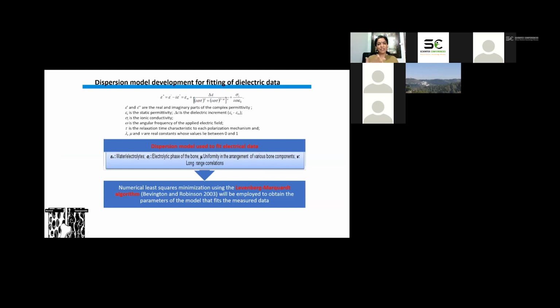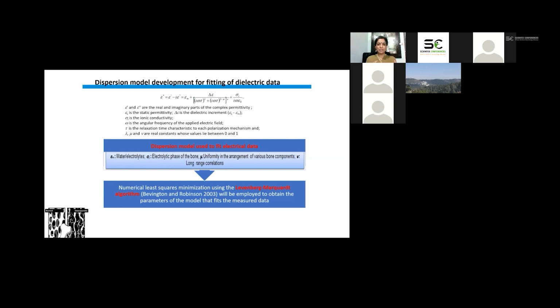We have developed that dispersion model for fitting our data. We have given the frequency to our tissue, let's say from 50 hertz to 5 megahertz. A lot of data points would be there, 90 to 100, or you can say 200 data points. So for the interpretation of such a huge amount of data, we require some model.